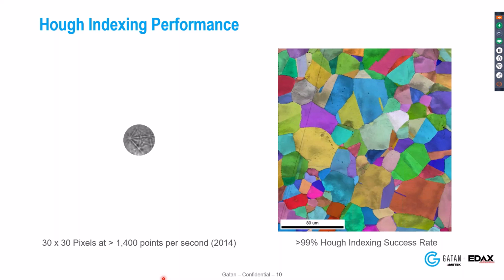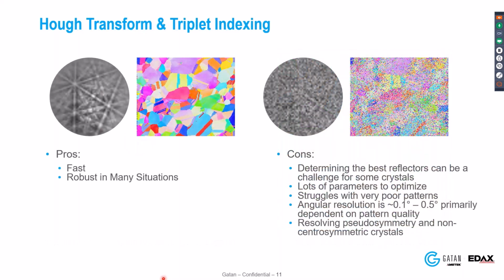But the Hough has worked well, and it has some advantages. One, it's very fast. Our current state-of-the-art camera runs about 7,000 points per second. It works in many situations. It can index lots of different crystal structures. It can look at deformed materials, but it's not perfect, and it has some challenges.